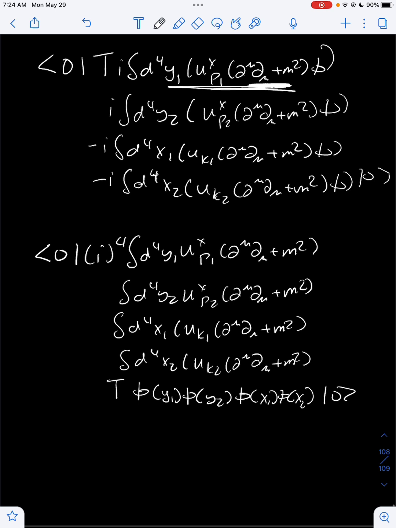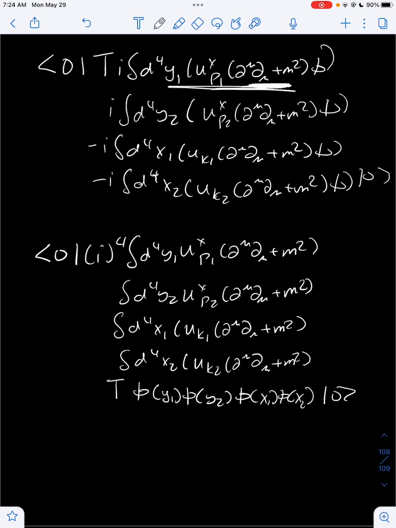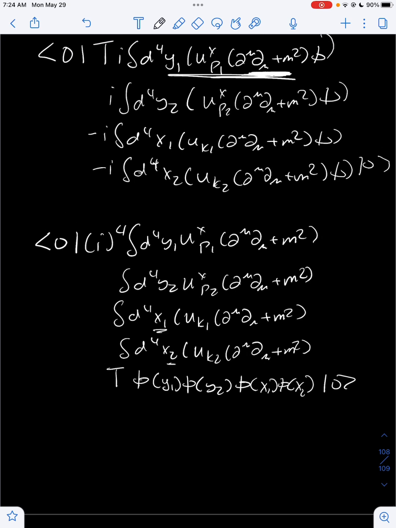Note that again, u of k is e to the minus i k mu x mu. You might also see it written as e to the minus i k x. So if you want to be more explicit, we could replace this u k1 with e to the minus i k1 x1.